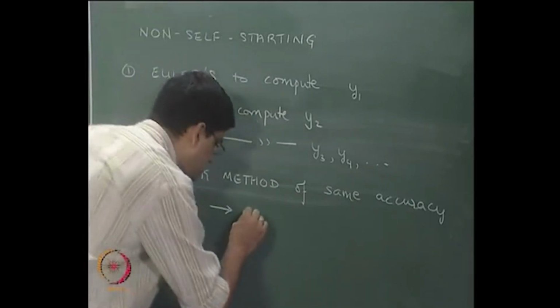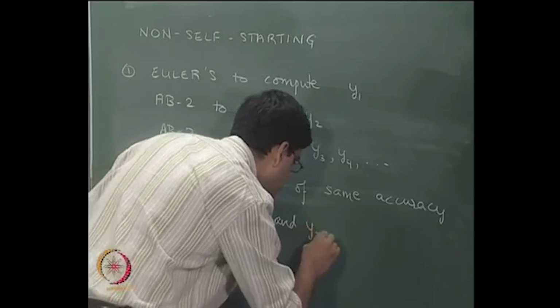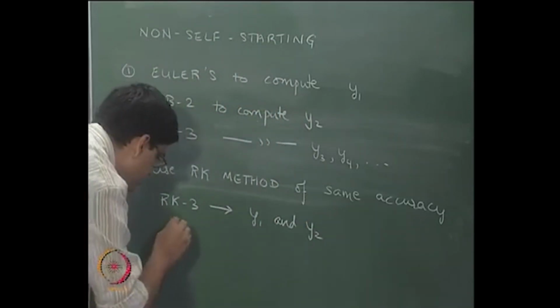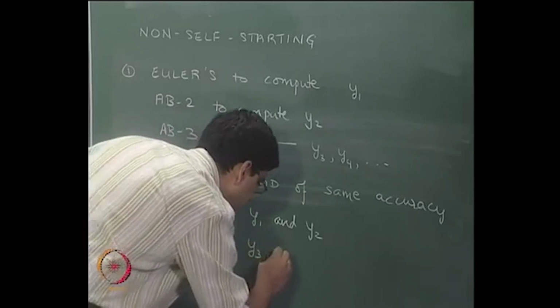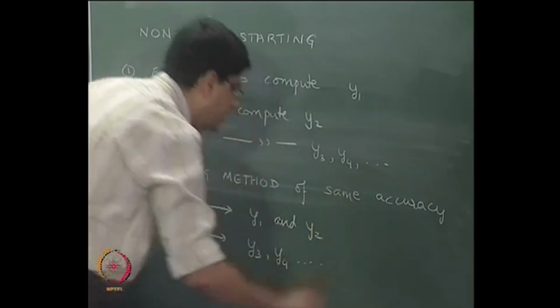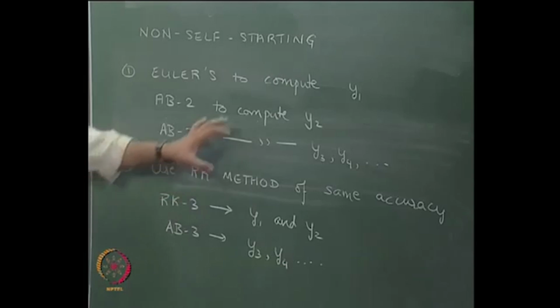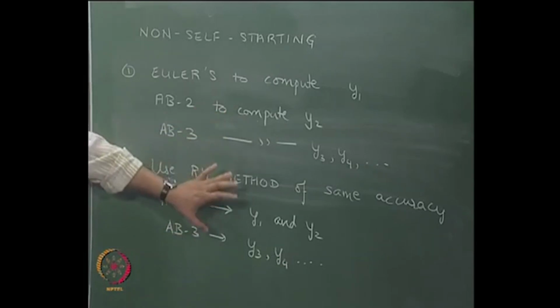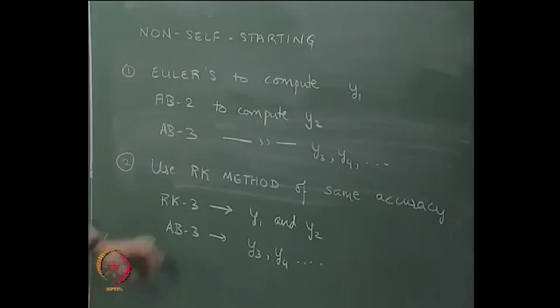RK3 method will be used to compute y1 and y2, okay, and Adams-Bashforth 3 method will be used to compute y3, y4 and so on. Okay. So these are the two possibilities that we can implement in order to use the Adams-Bashforth non-self starting methods. Okay.